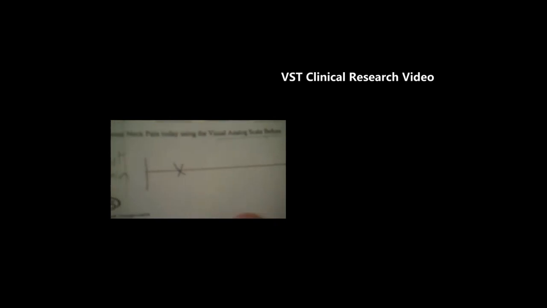By the way, our patient had neck pain, and this is the before treatment on the VAS scale that the patient marked as how bad her neck pain is. This is the worst pain at 100%. This is no pain at 0%. This is exactly 10 centimeters long.